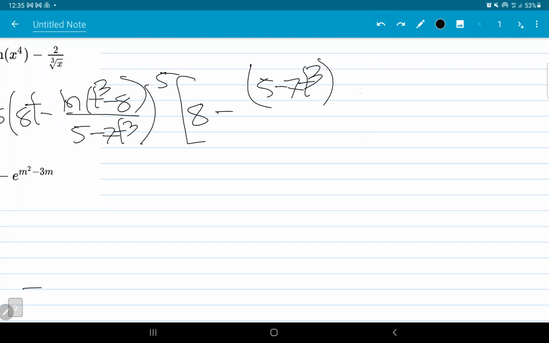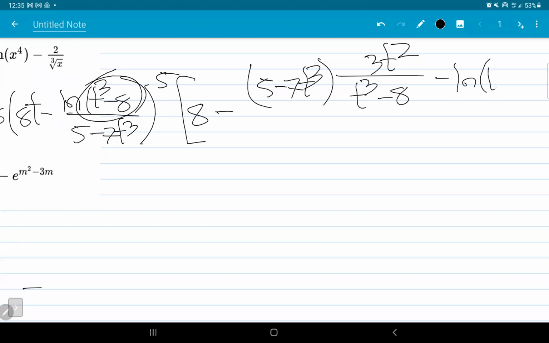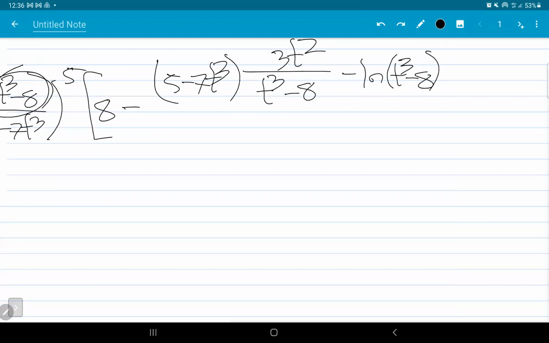So reciprocal, t cubed minus 8. Differentiate mo yung t cubed minus 8, may 3t squared dito. Then minus the numerator, times the derivative of the denominator. So meron kang dapat ilalagay na negative 21t squared dito.